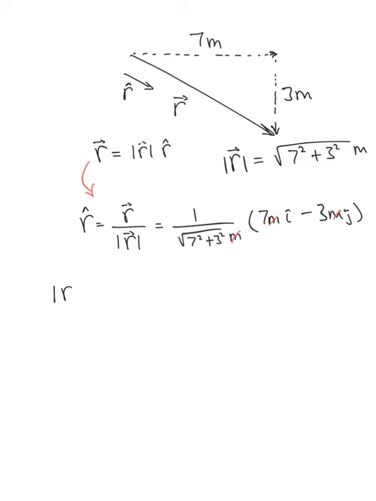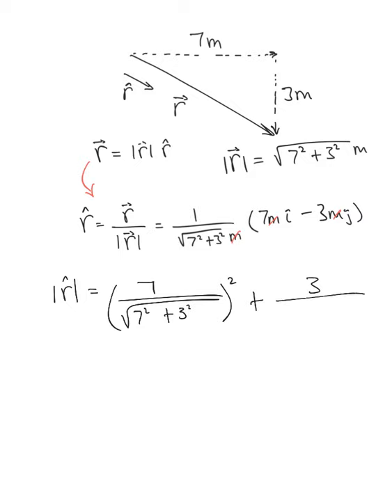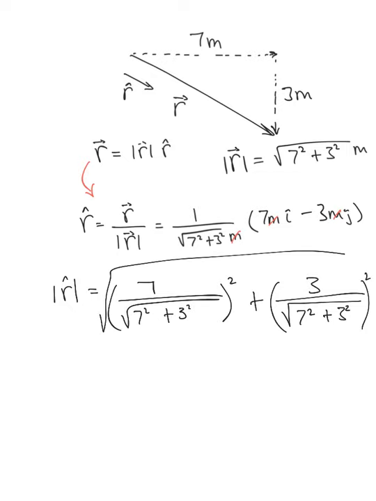So the magnitude of r hat looks like 7 divided by the square root of 7 squared plus 3 squared, and that term is squared, plus 3 divided by the same denominator, squared. Right, all I'm doing is taking each term of r hat, squaring it, and then adding them together.